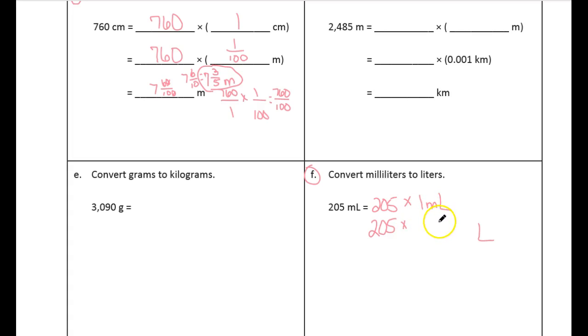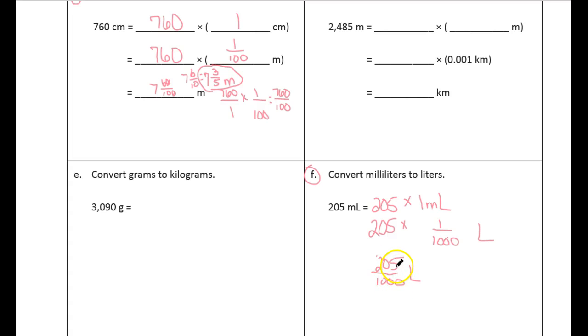So to keep that, 1 milliliter is the same as 1/1000th of a liter. And so then the next thing that happens is we have the multiplication aspect of it, where 205 times 1 is still 205, and it's over 1,000, and that's liters.